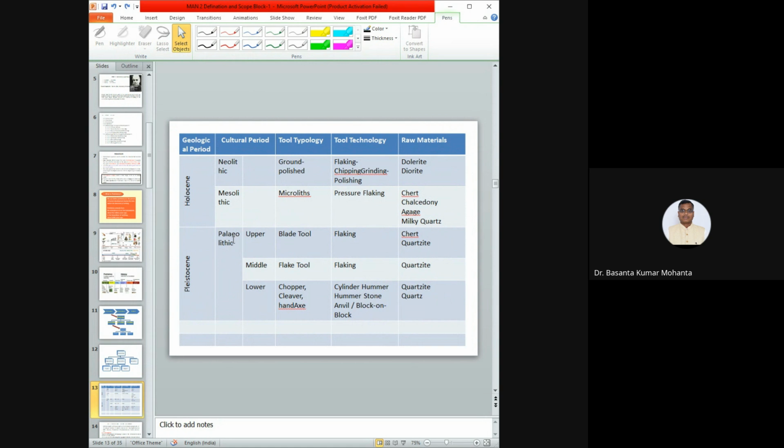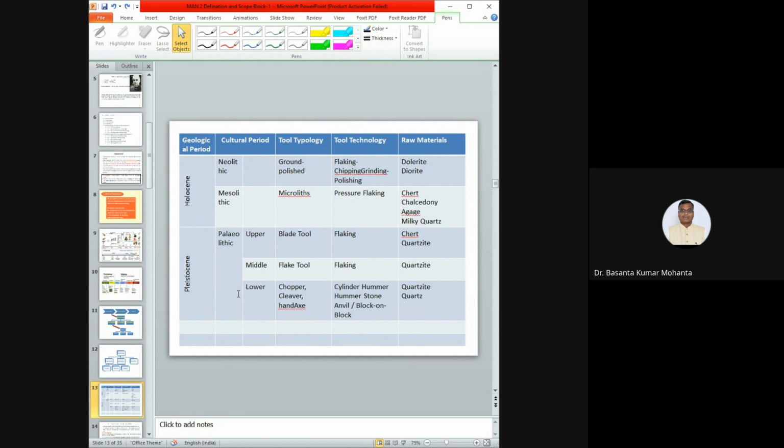During this Paleolithic time, our prehistoric people were using different kinds of stone tools for different kinds of activities.